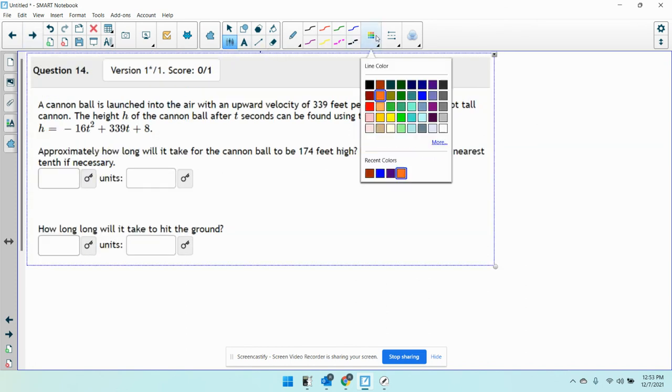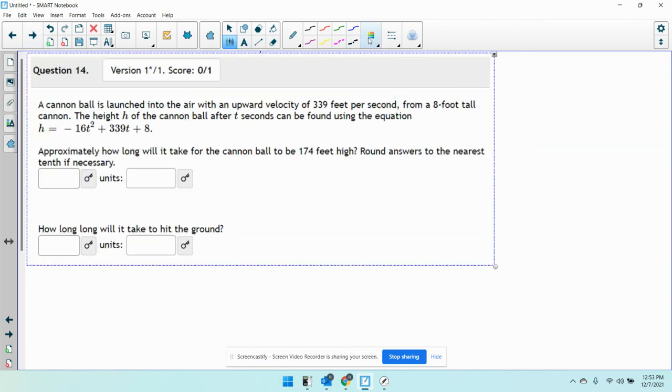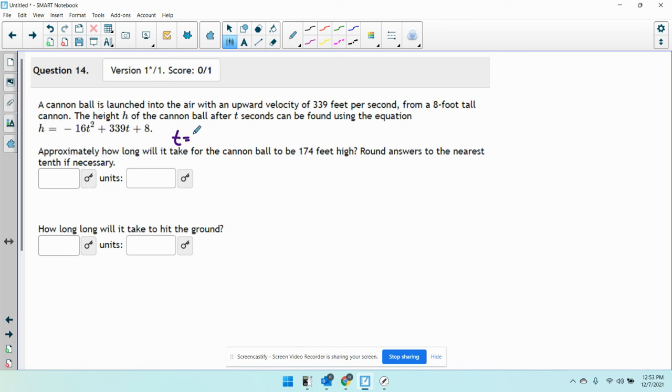And this one I think is similar. A cannonball is launched into the air with upward velocity of 339 feet per second from an 8-foot tall cannon. Approximately how long will it take for the cannonball to be 174 feet high? Do the same thing. We're looking for t when h equals 174.